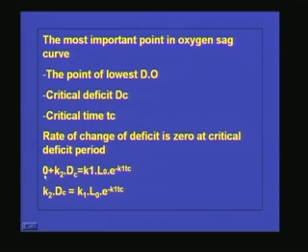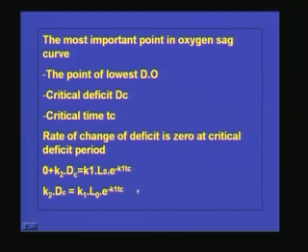So we can write the expression like this: 0 is equal to dD by dt, plus k2 into D. We know that the deficit at that time is DC, the critical deficit, and the t corresponds to the critical time, so we replace t by tC.